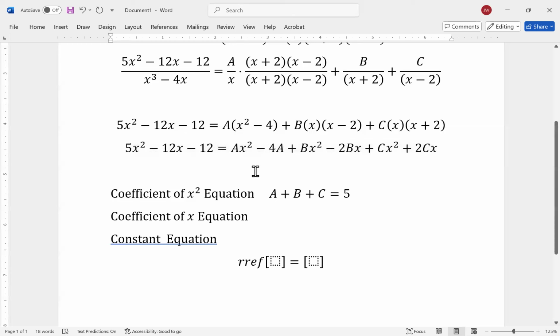Coefficient of x: there's no x times A, but there is a minus 2B times x and a plus 2C times x. So I get minus 2B plus 2C as the coefficient of x, and on the other side, the coefficient of x is negative 12.